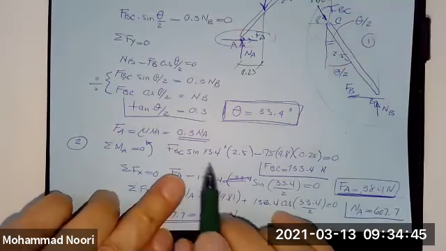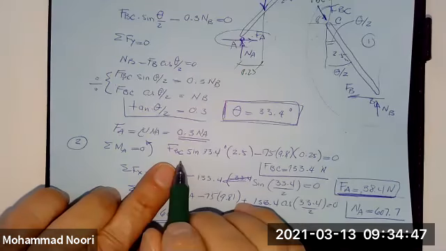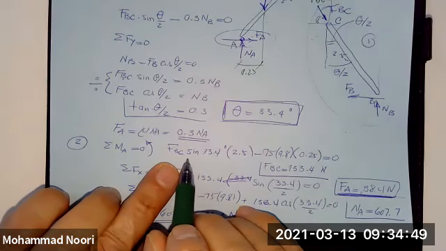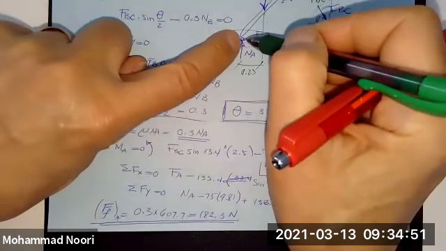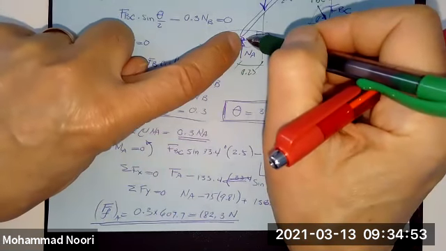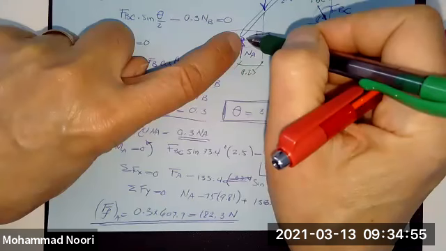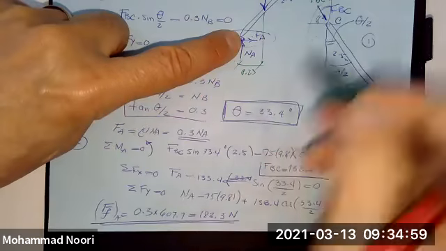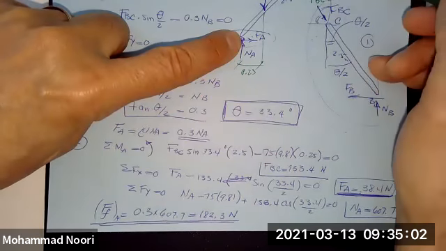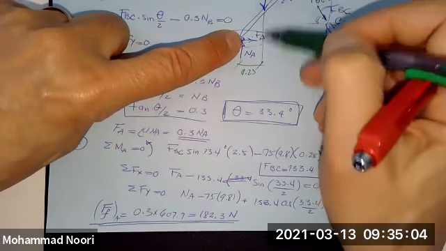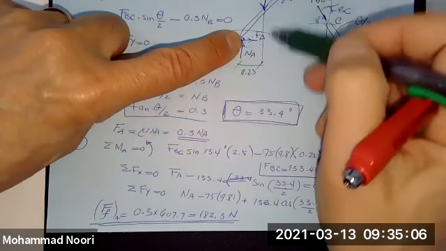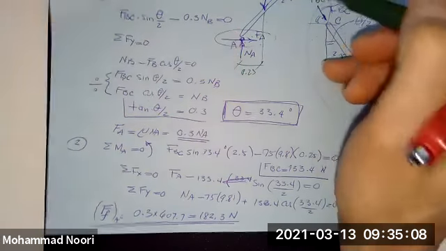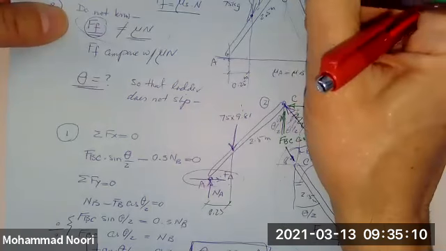Oh, no, the answer is correct, but the moment equation is not. Taking moment about point A would be FBC sine times this distance, okay, you're correct.